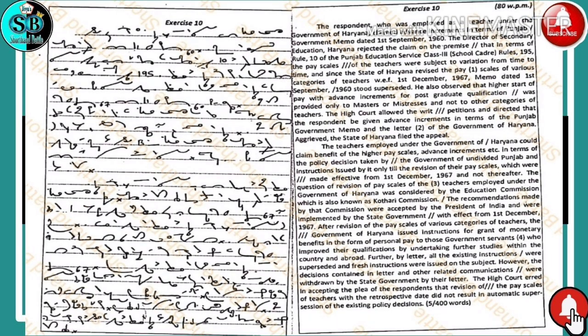The respondent, who was employed as a teacher under the Government of Haryana, claimed advance increments in terms of Punjab Government memo dated 1st September 1960.